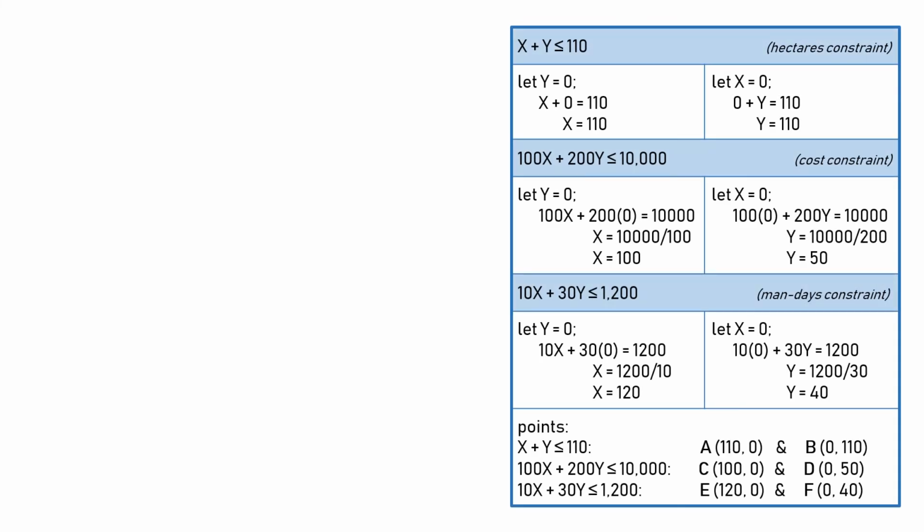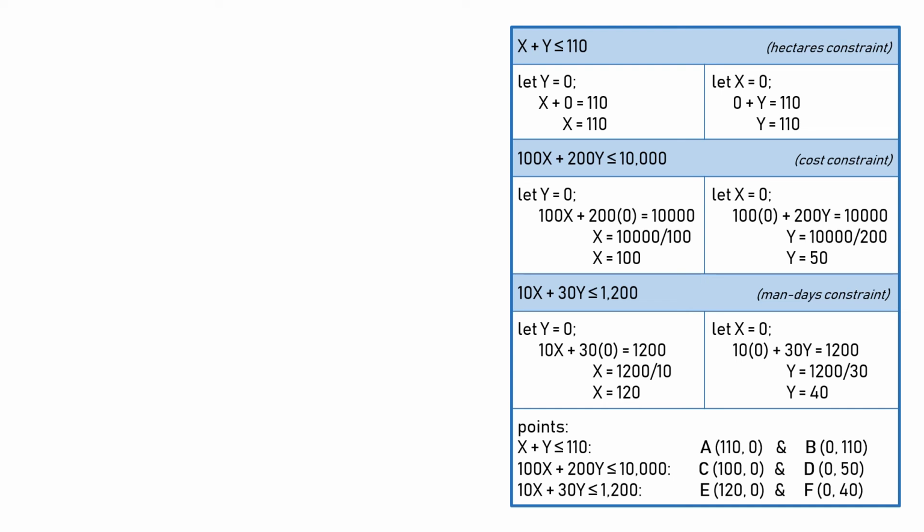We will now convert the constraints to linear equations so we can calculate the x and y intercepts and plot the coordinates of the lines. For example, in solving for the first constraint, first we have to convert the inequality to a linear equation by simply changing the inequality sign to an equal sign.